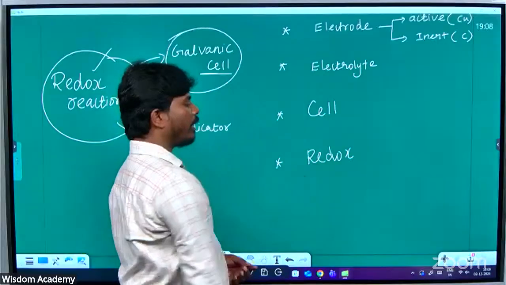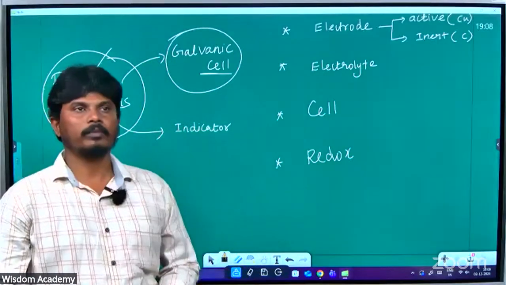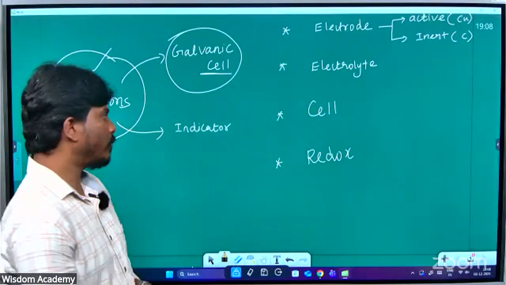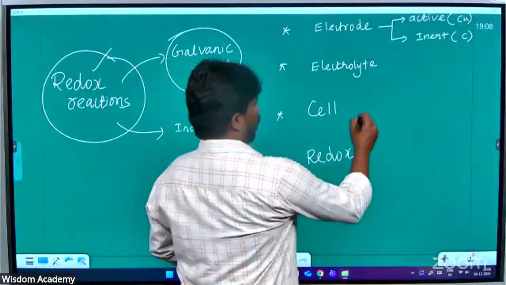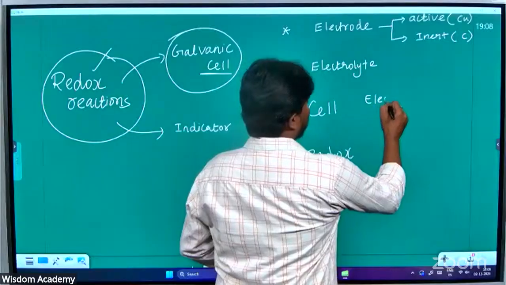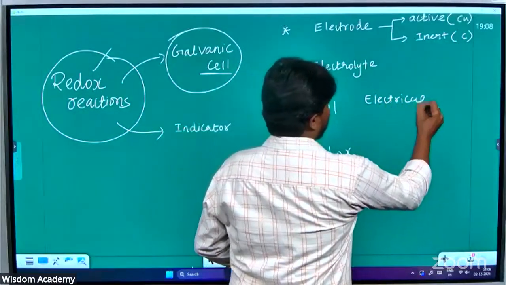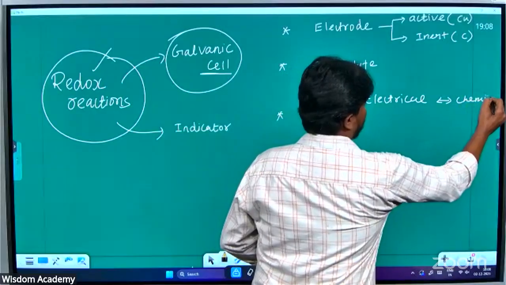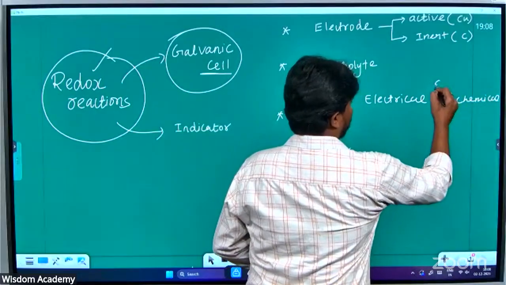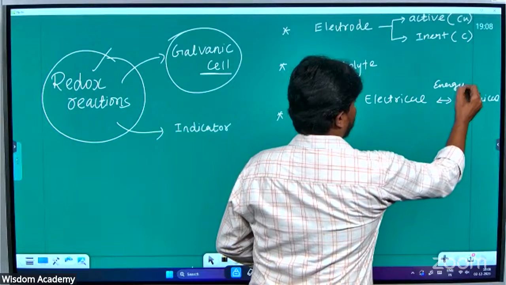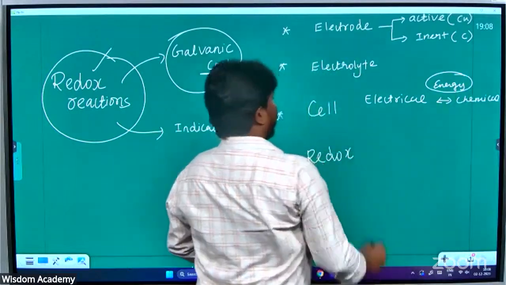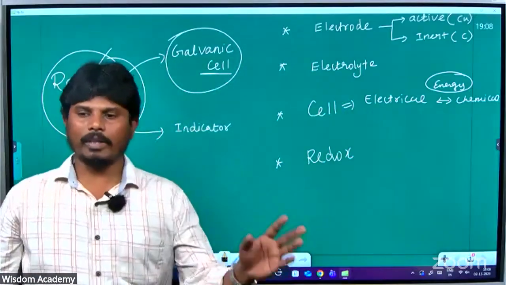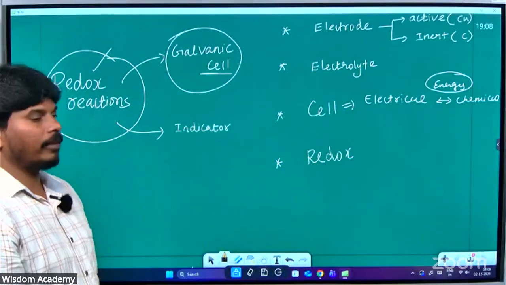Next one, cell. A cell is a device which converts electrical to chemical energy or chemical to electrical energy.